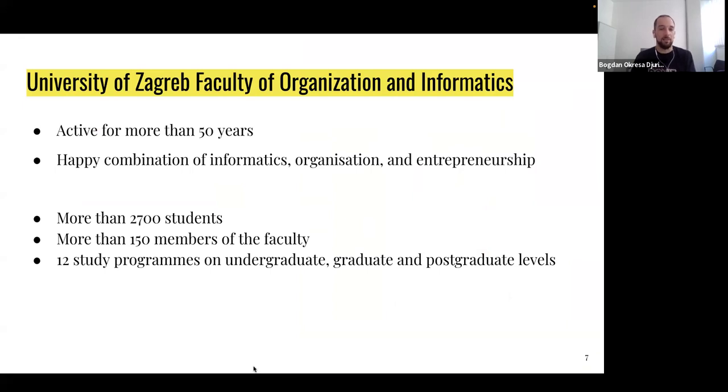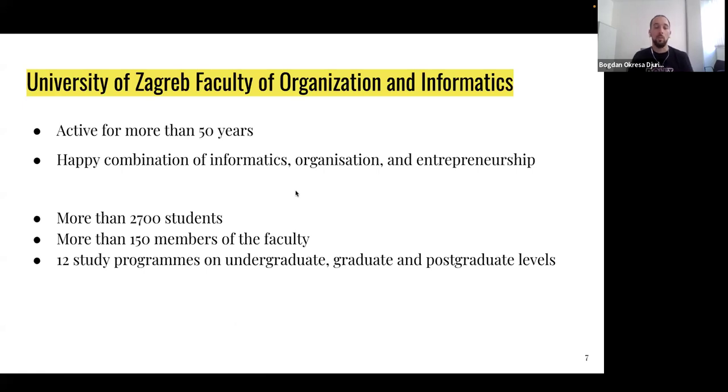The FOI, Faculty of Organization Informatics, actually provides, for those who might not know, a very happy combination of informatics or IT, information sciences, organization, and entrepreneurship. We provide study programs in all of these topics, so basically in a very good combination of IT and organization, and happy combination of entrepreneurship and economics of entrepreneurship.